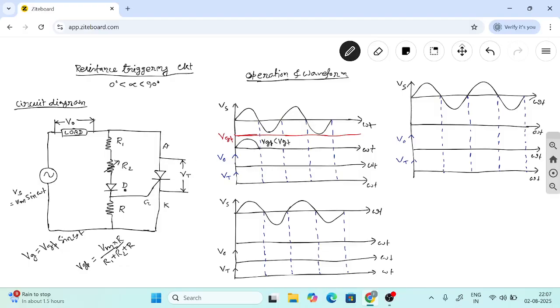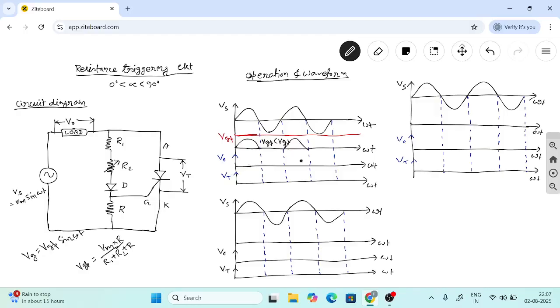We'll get voltage only during positive half cycle, and again during positive half cycle, but it does not reach the gate triggering voltage. So load voltage becomes 0 whenever R2 is large.